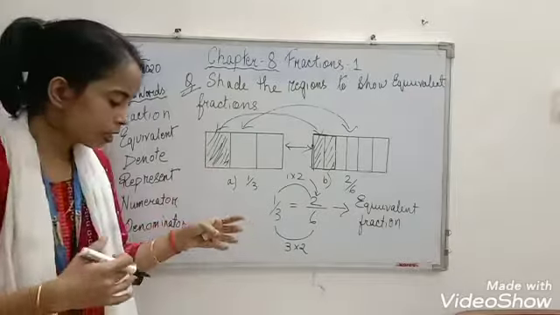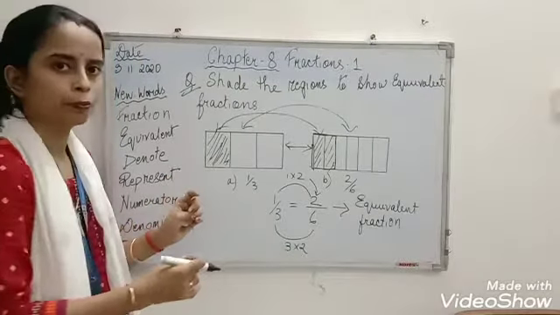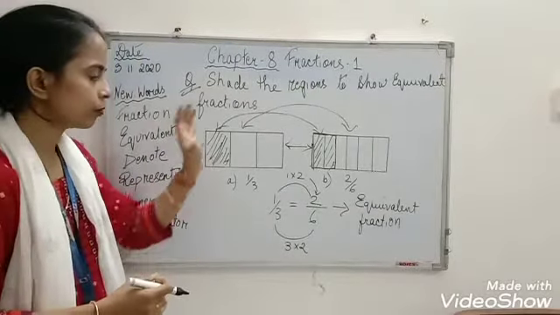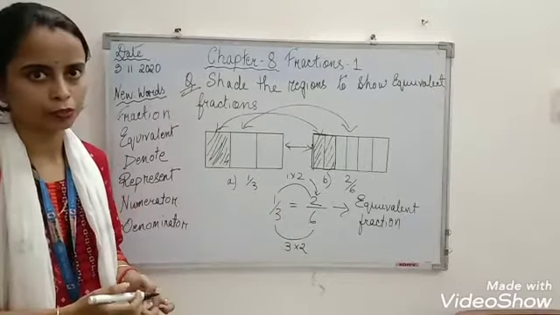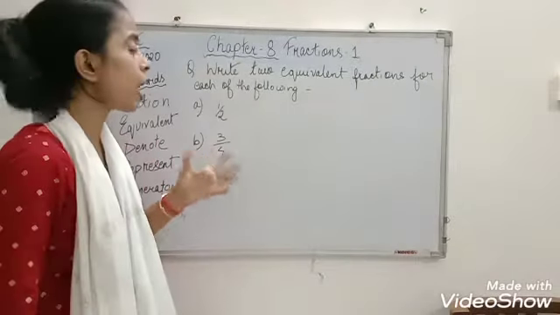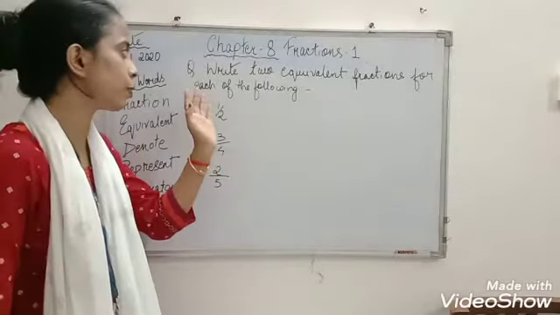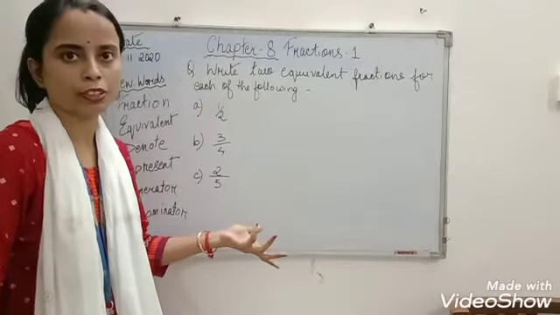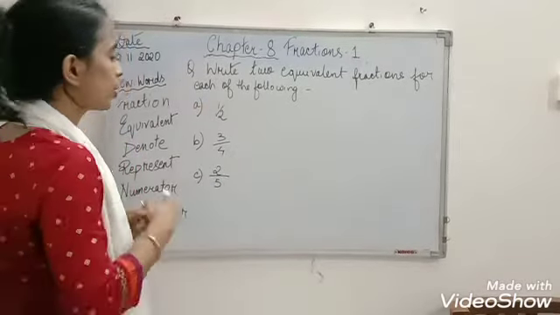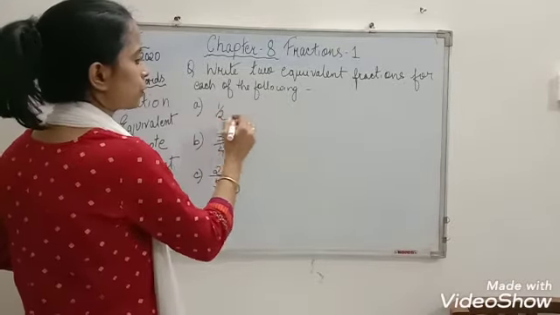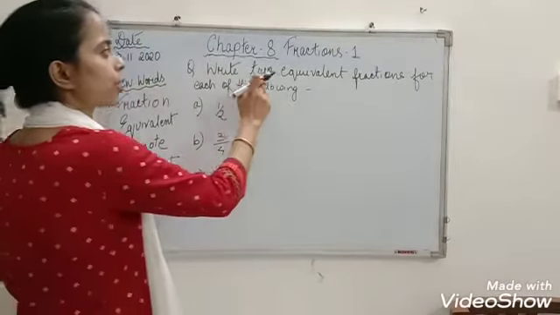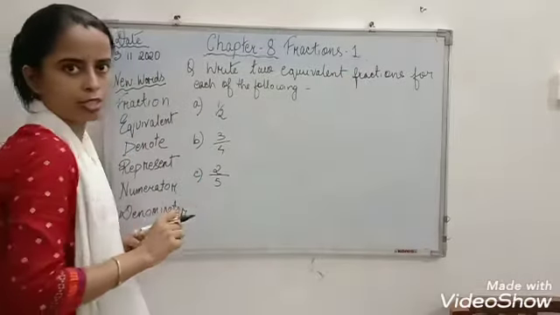So let's do one more example to find the equivalent fraction. Now let us see how to find the equivalent fraction of the given fraction. Okay, so here you see the first one is 1 by 2. Now what you have to do, you have to find two equivalent fractions of this.